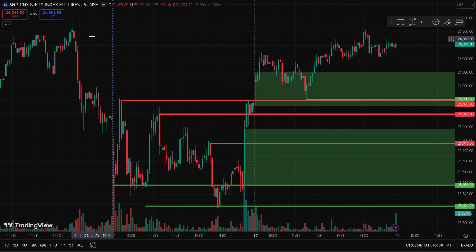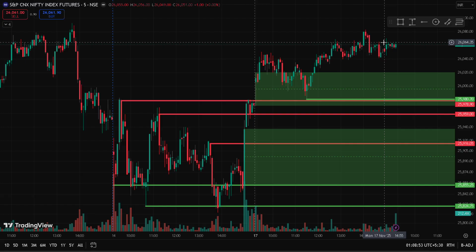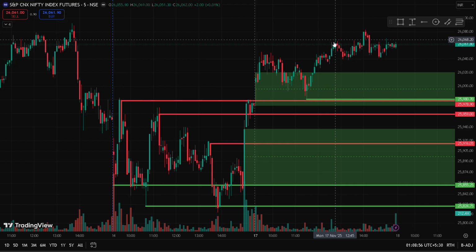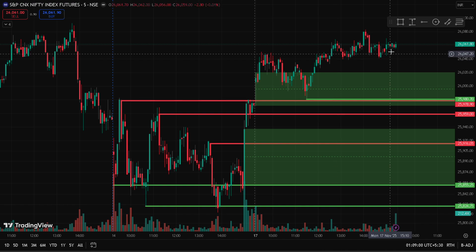But was this play played today? No. So what has happened? The market has gone completely sideways in this area. This is a very good indication of accumulation in the zone where sellers were active.